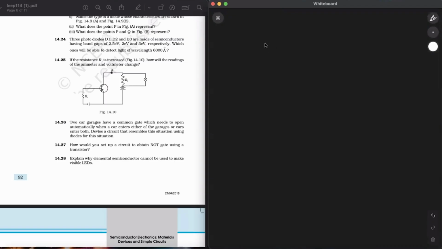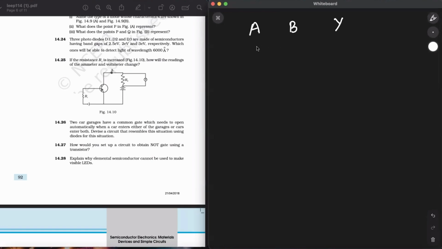I'll consider that Y is the gate and A and B are the two cars. The gate needs to open automatically when a car enters either of the garages or cars enter both.